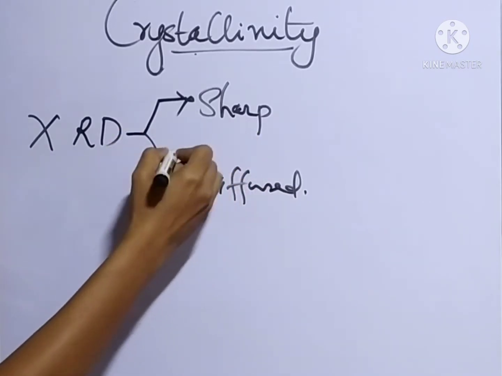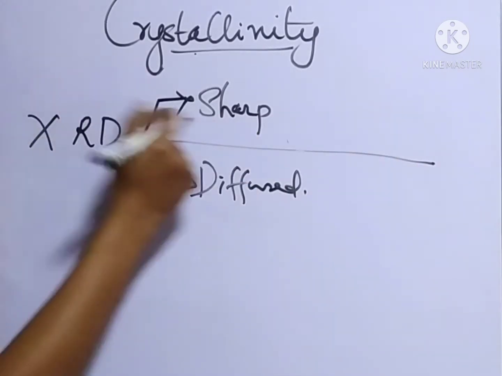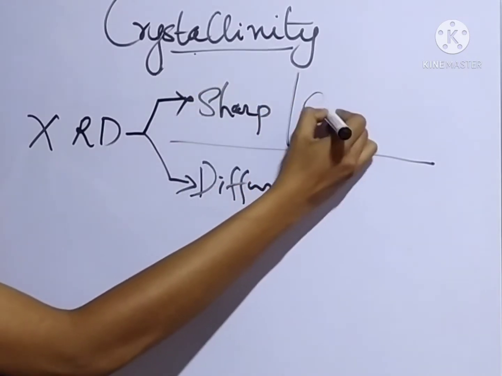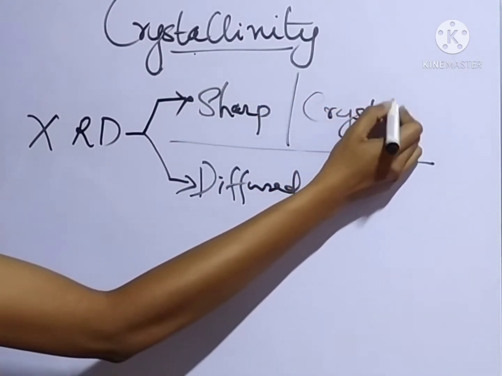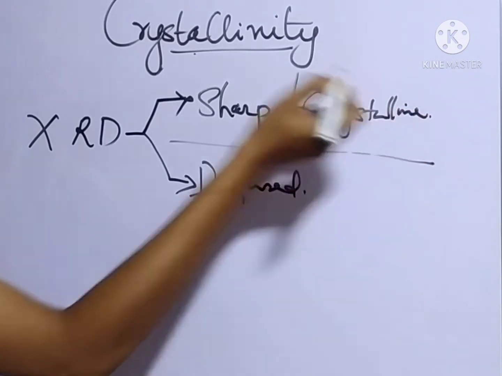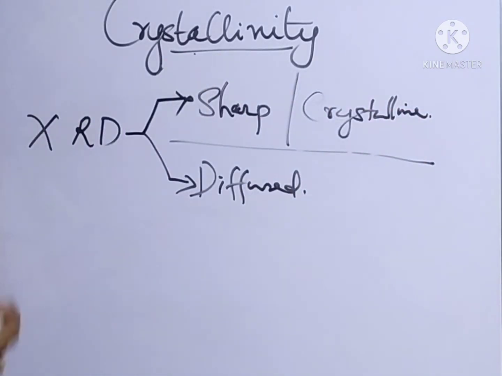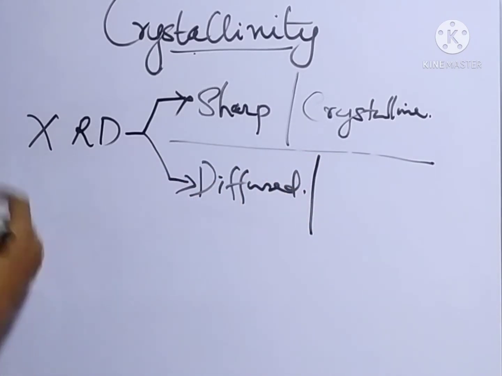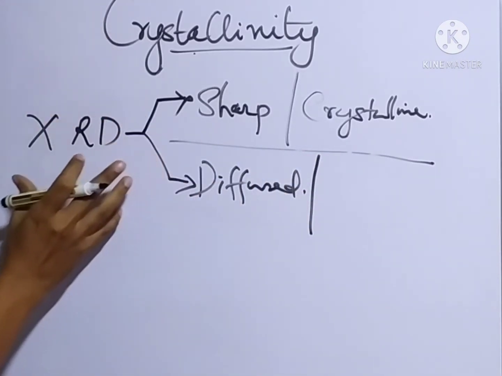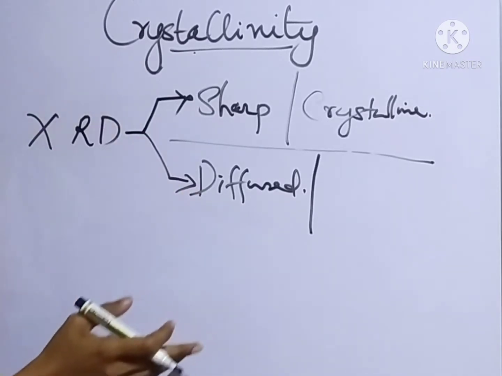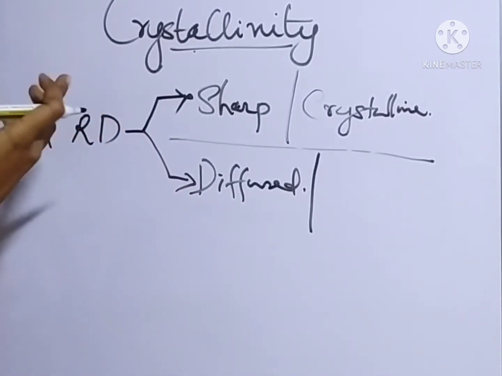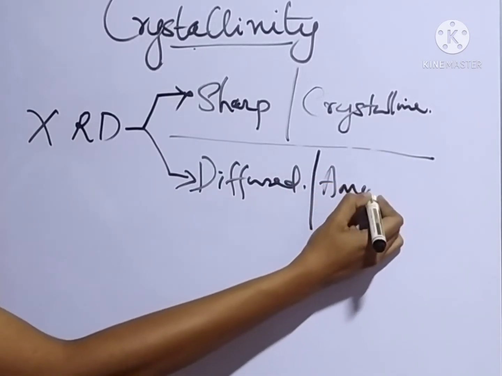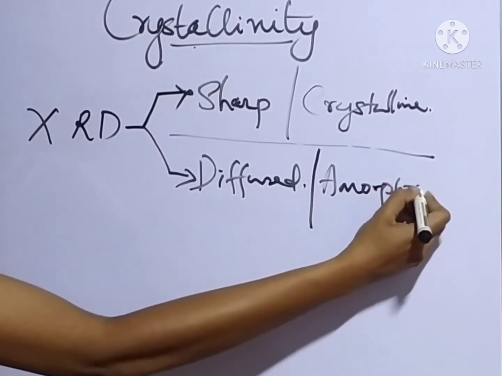The sharp patterns indicate that the polymer molecule exists as a crystalline substance. At the same time, diffused patterns are also there. That means the substance exists in a less crystalline nature. So here in polymers, we can say it exists as an amorphous substance.